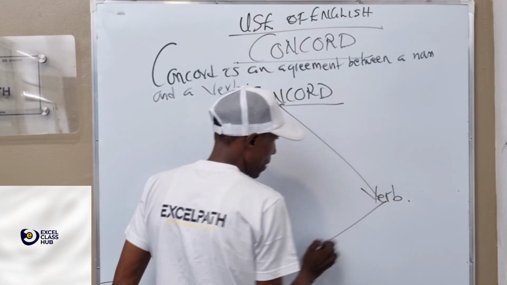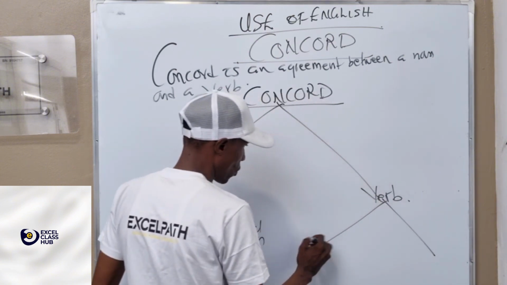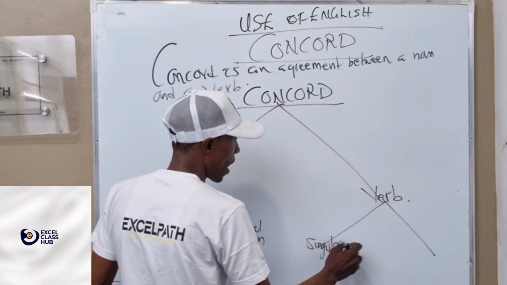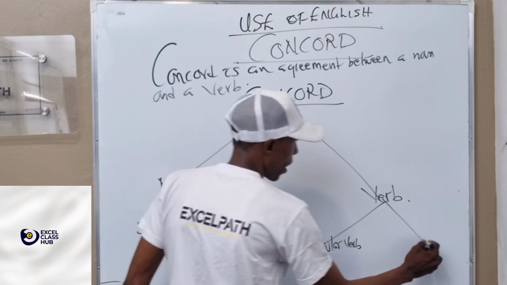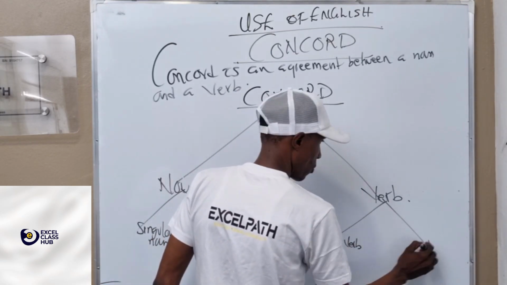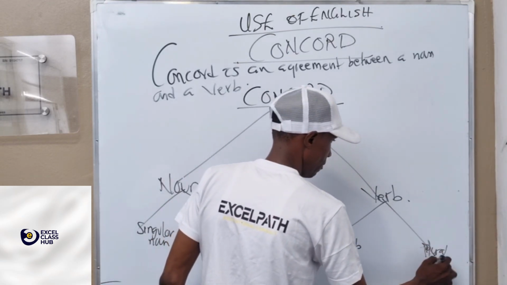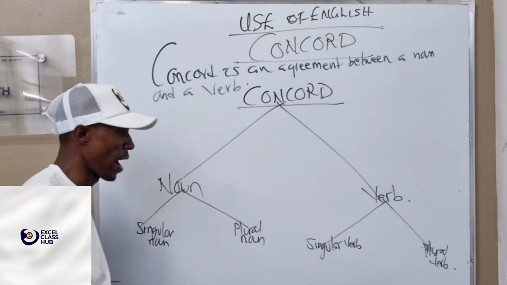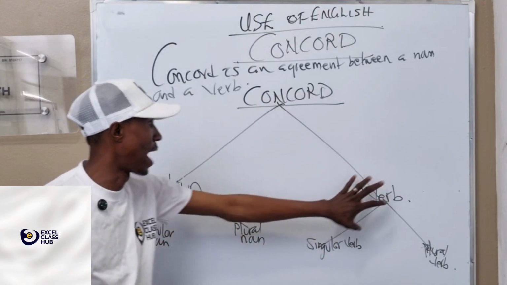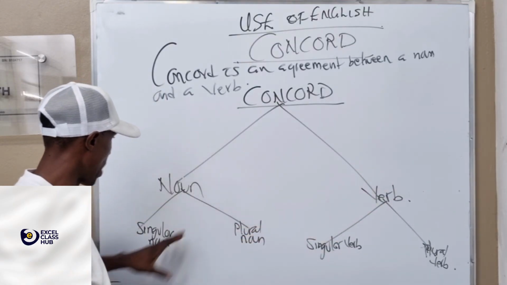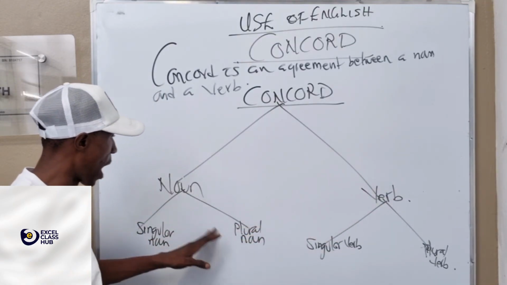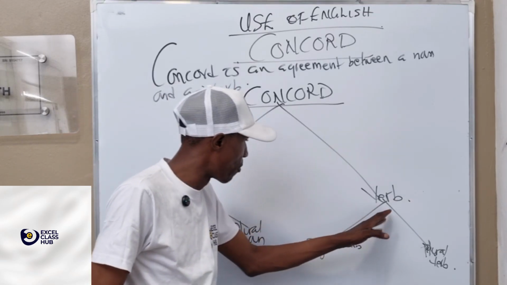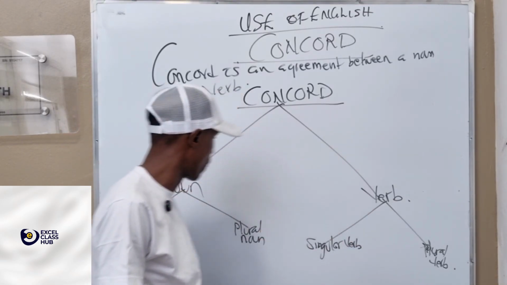And our verb is classified into two: we have our singular verb and we have our plural verb. Now, take note. Concord is classified into two, noun and verb. In the noun, we have two categories, singular noun and plural noun. In the verb, we have singular verb and plural verb.